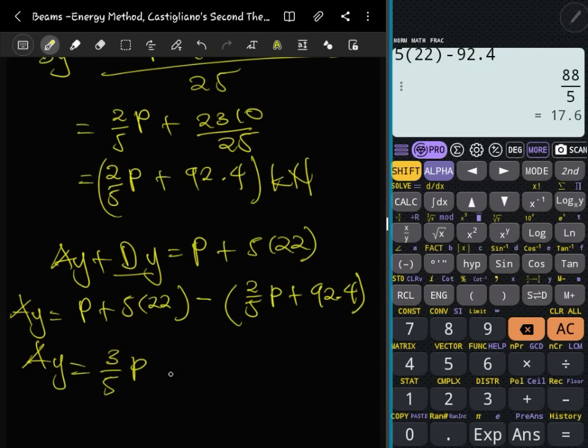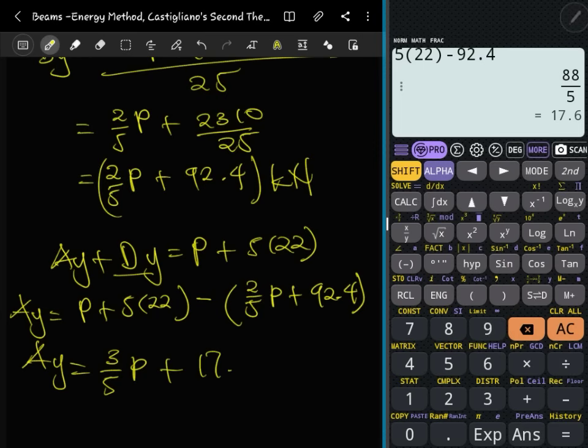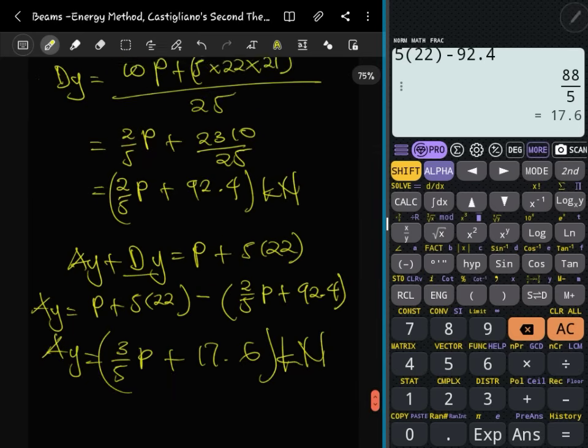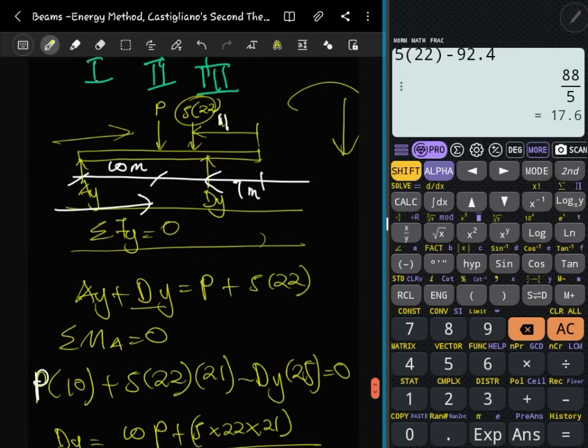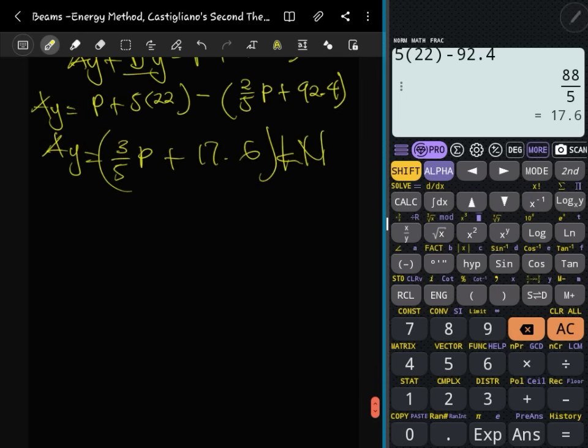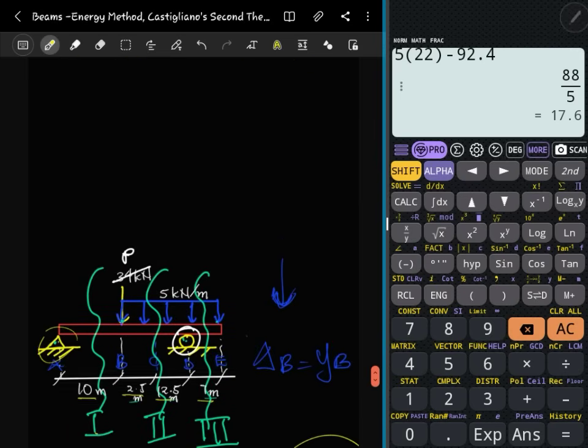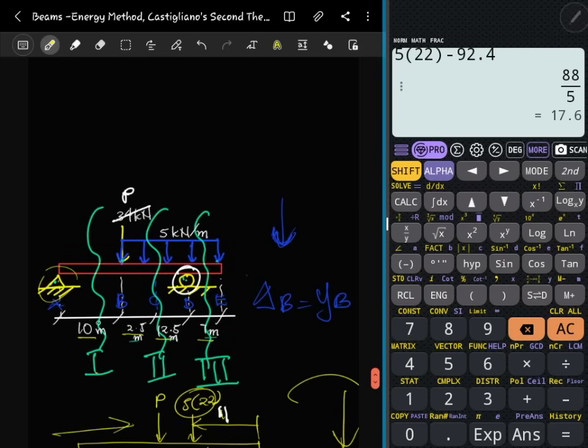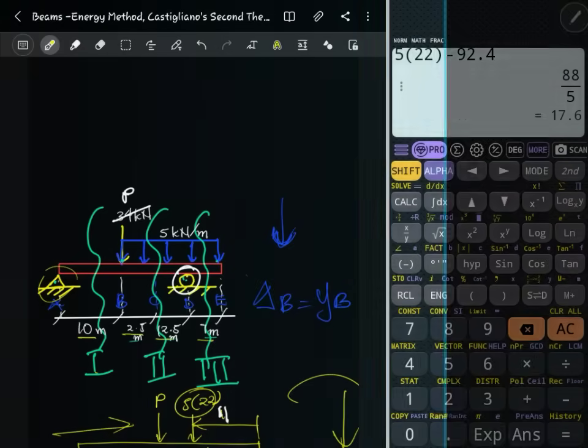That gives us 17.6, plus 17.6, and all this is all kilonewtons, right. We move on. So now that we have our reactional loads, we move on and do the free body diagrams, right.